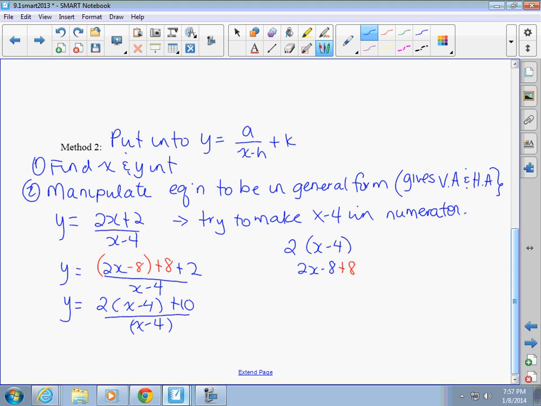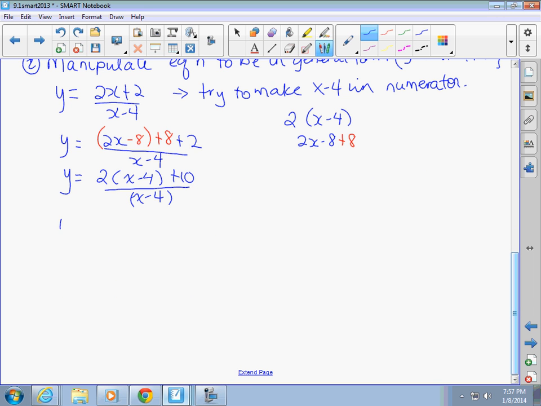If I separate this to say this is 2 times x minus 4 over x minus 4 plus 10 over x minus 4, because these are two terms, they're both being divided by x minus 4, I can cancel my x minus 4s from here.